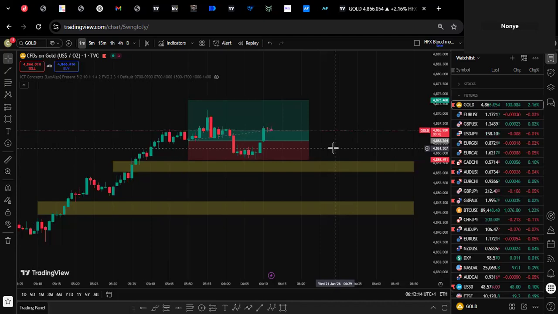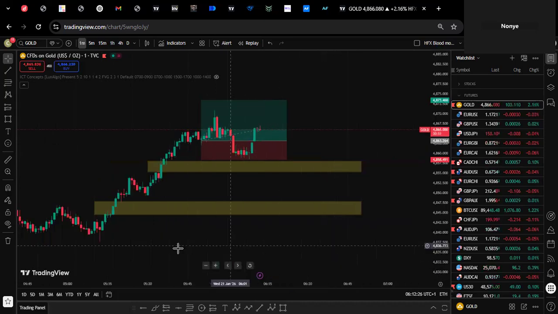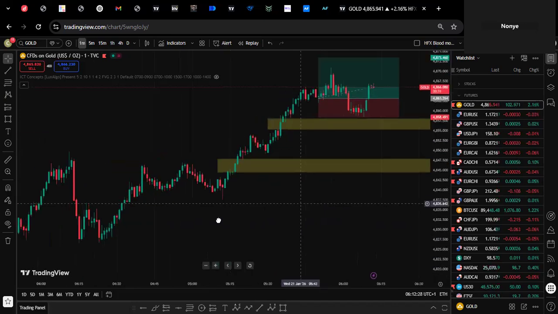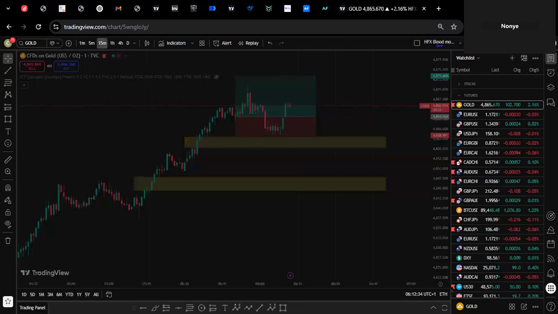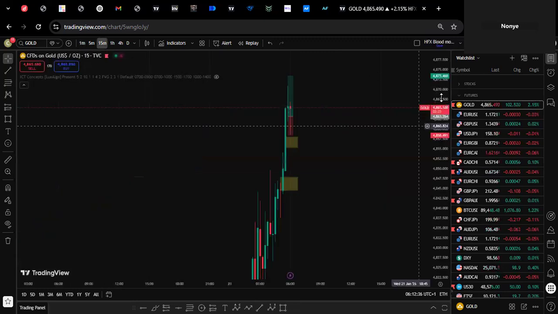So rule number one is understanding the FVG. Secondly, knowing the pattern you're looking at. Let me show you one thing that you can always use as a guide.